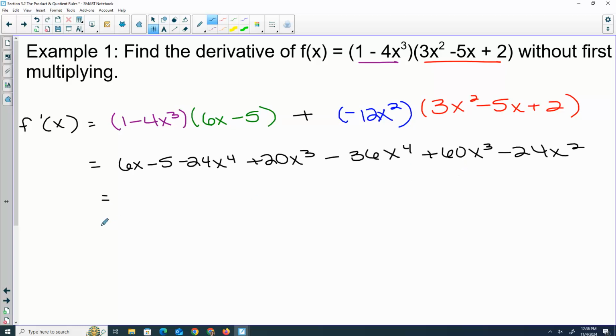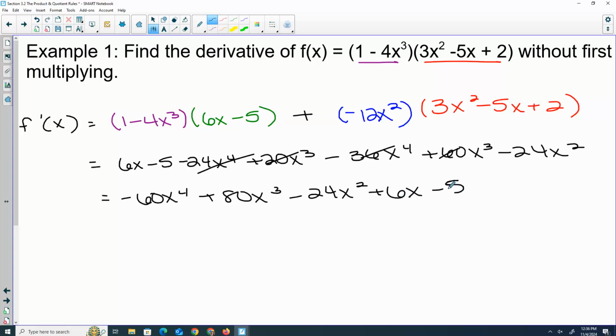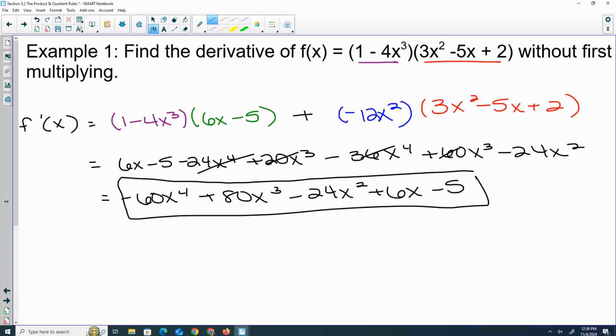Negative 60x to the fourth, plus 80x cubed, minus 24x squared, plus 6x minus 5. I was doing that and I was like, this seems not right.